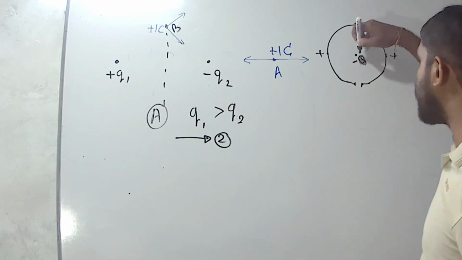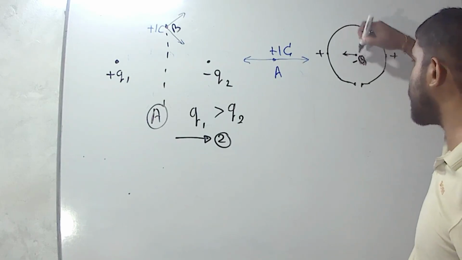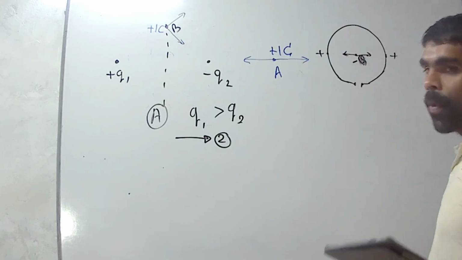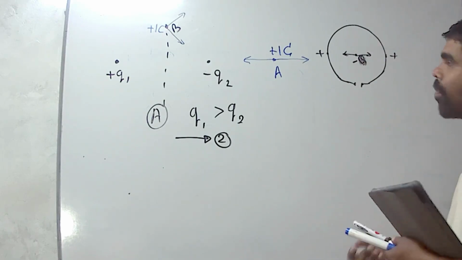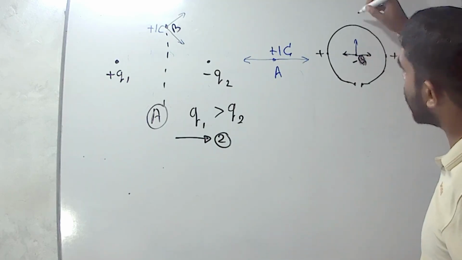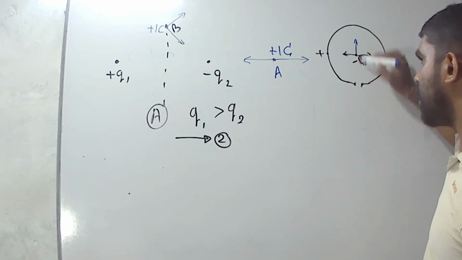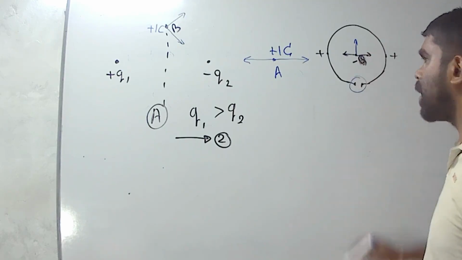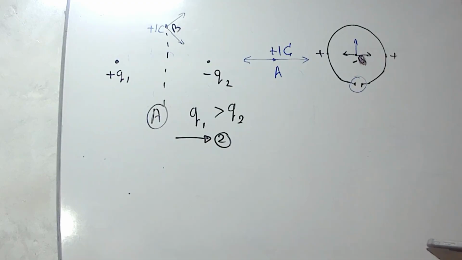Therefore, there is an attraction in this direction and this direction. Therefore, it is cancelling. But when considering attraction in upward direction, there is no downward force because of this part is chargeless part.